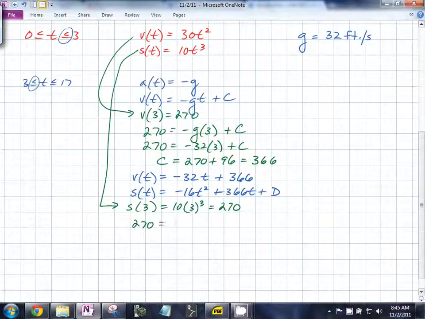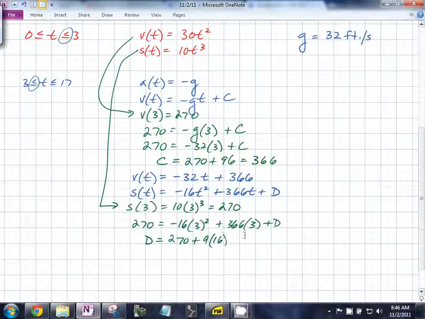So 270 is going to be equal to negative 16 times 3 squared plus 366 times 3, can you guys take out your calculators, please, plus d. And that tells us that d is equal to 270 plus 9 times 16 minus 366 times 3. So what does d equal?